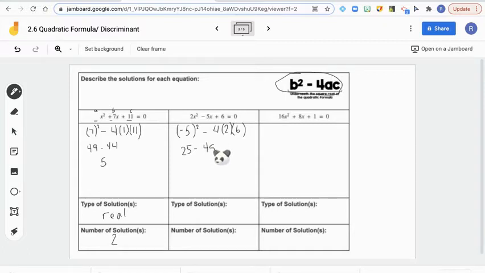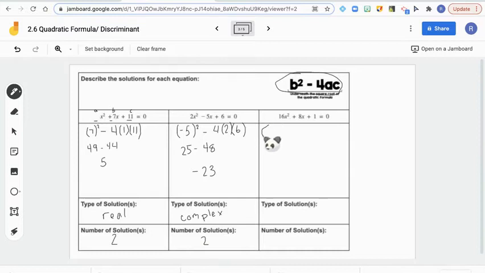And so 25 minus 48 is going to give us a negative 23. Now, because this value is negative, we're going to have complex solutions. And we're going to have 2 of them.